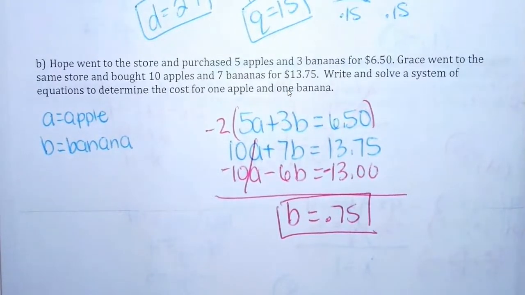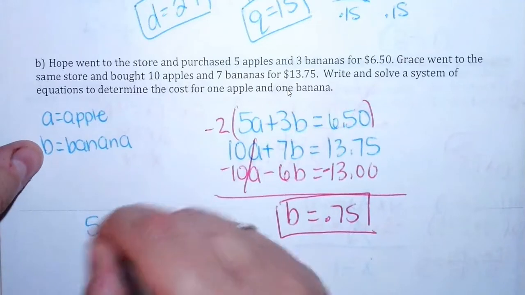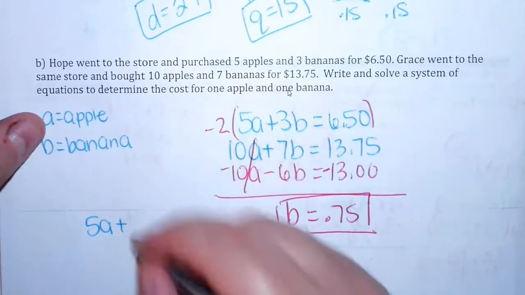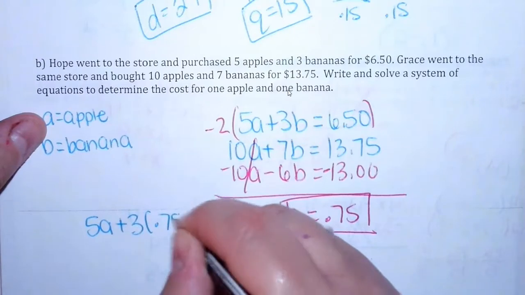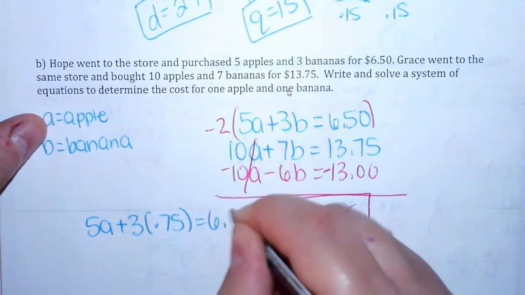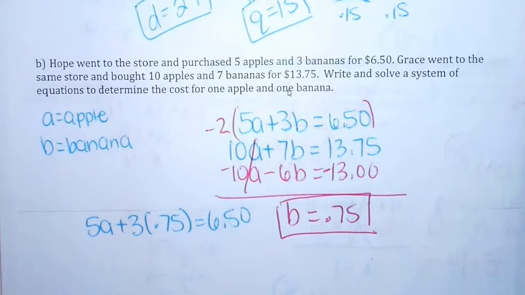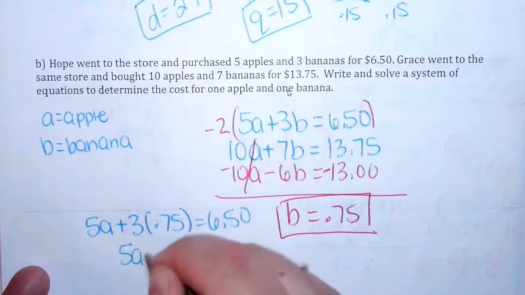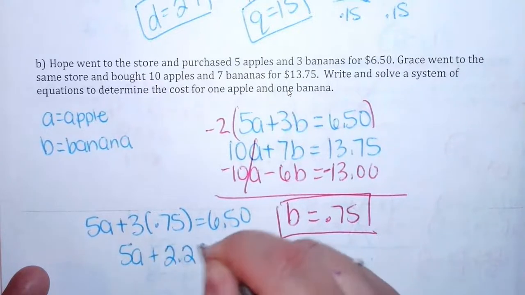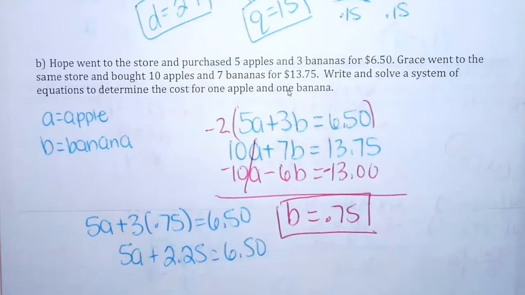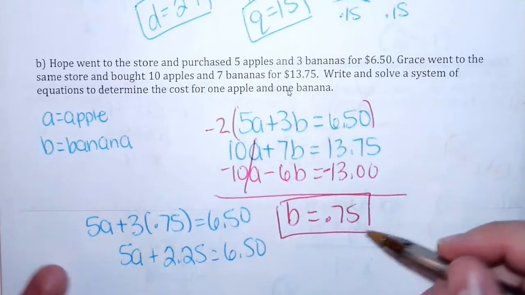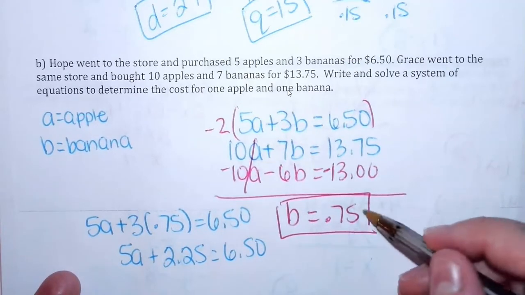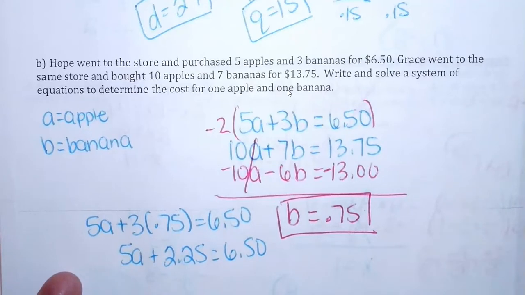Now I got to figure out my apple price, so I don't know the apples. I'm just using that first equation. I do know the bananas now are 75 cents, and this is 6.50. So then I'm just solving that equation. If I take 3 times 0.75, I'm going to get 2.25, and we're going to take 6.50 minus 2.25, and it's okay for these to not be perfect numbers because this is the cost, so every banana would cost 75 cents is what that's saying.